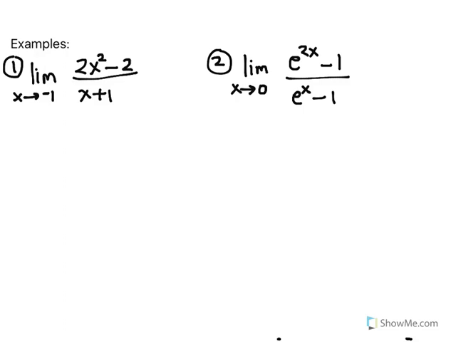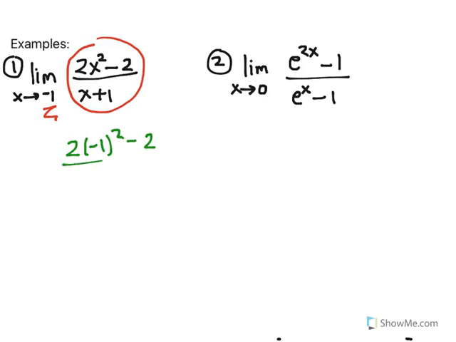So in our first example, we have the limit of 2x squared minus 2 divided by x plus 1 as x approaches negative 1. The first thing you should do is try direct substitution. You'll have 2 times negative 1 squared minus 2 divided by negative 1 plus 1.